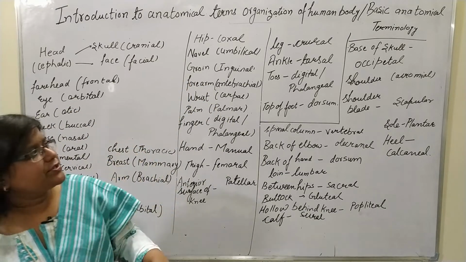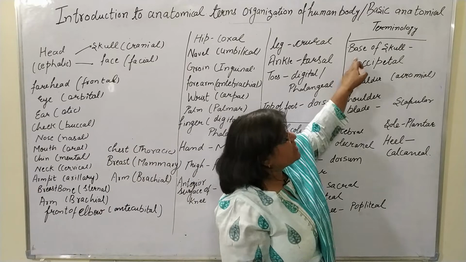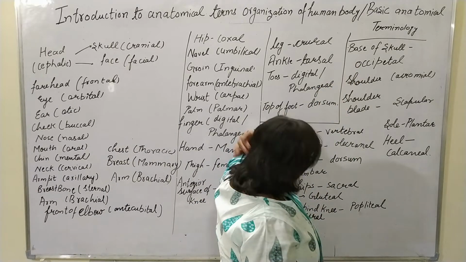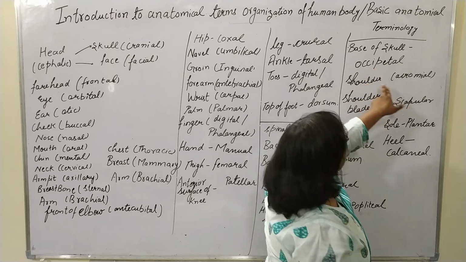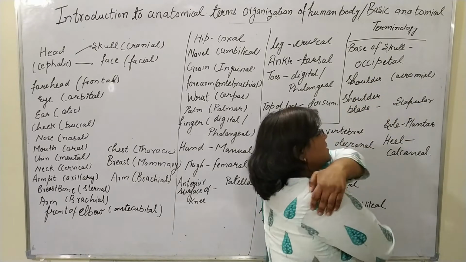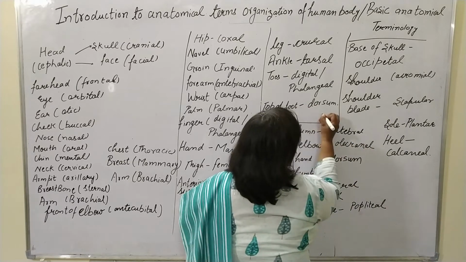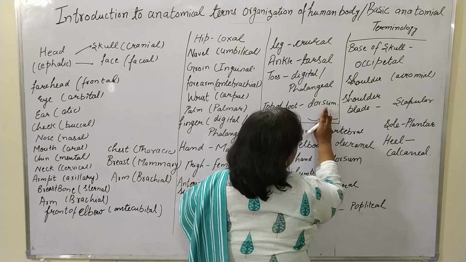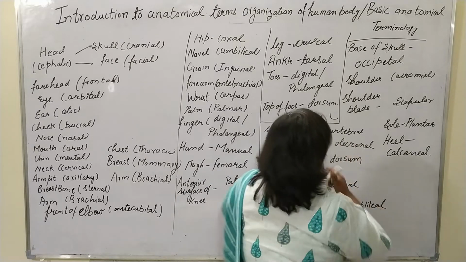Now come to the posterior view. The base of the skull is the occipital region, the shoulder is acromial, and the shoulder blades are the scapular region.